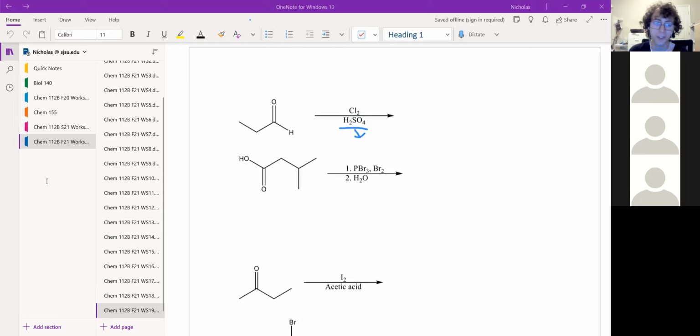But to help you distinguish between the two, if you see Na or K as a part of a reagent, that's usually either a nucleophile or a base. It's not going to be an electrophile. So yeah, that can be a clue as to what a reagent's going to behave as.